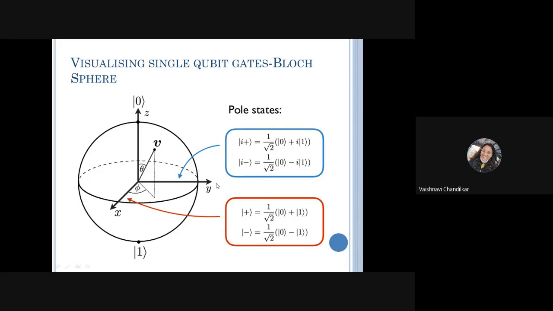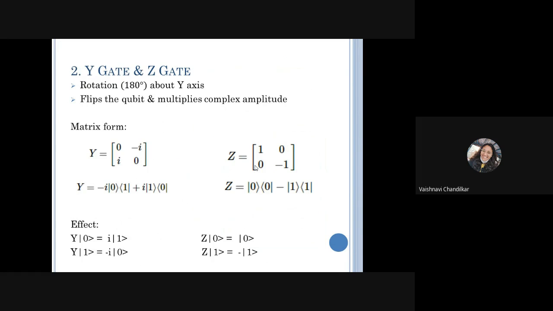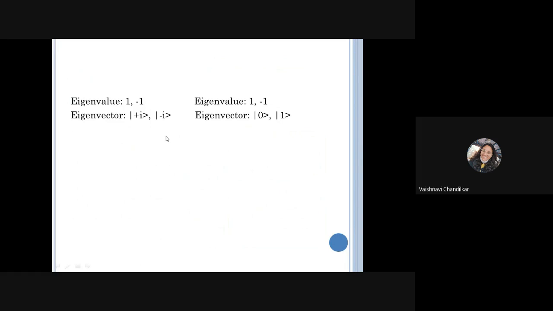And also for Y, we have got these two states as eigenvectors. So you can say that the eigenvector basis of those axes are also the eigenvectors of those gates or those axes.